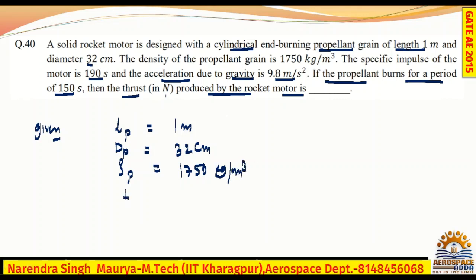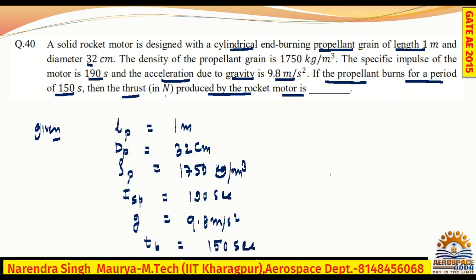The specific impulse for the rocket, 190 second. G, 9.8 meter per second square. And propellant burning time TB, 150 second. They are asking what is the thrust. We need to calculate. All right. Now check.